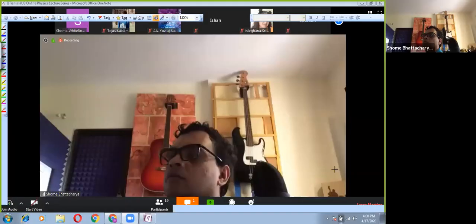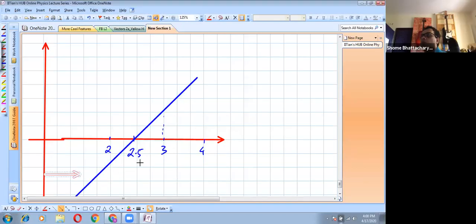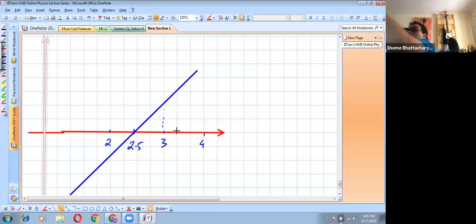So I'll bring back the graph to the machine. Okay. So coming back here, this is our velocity versus time graph.